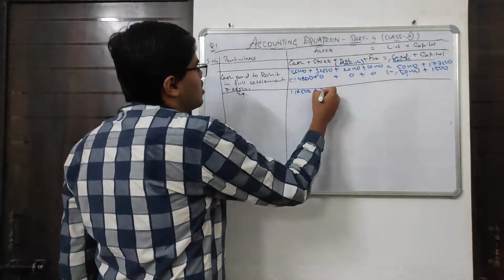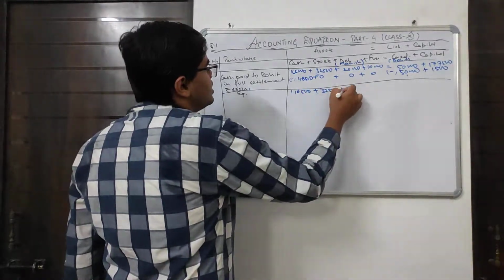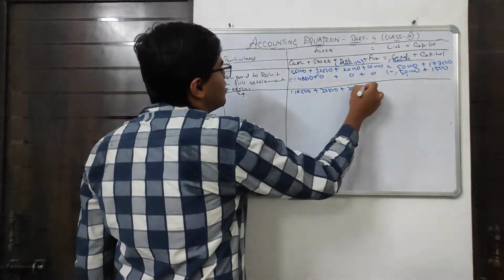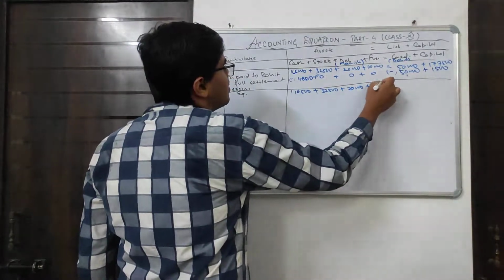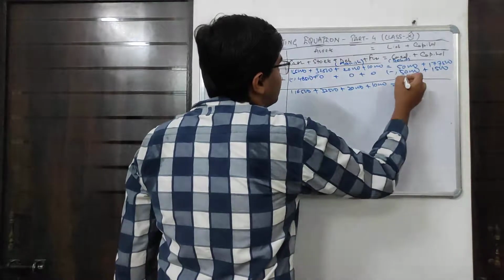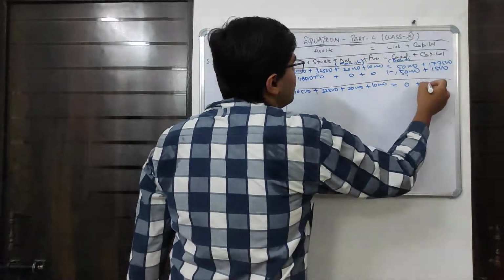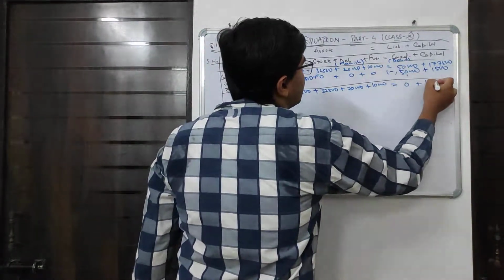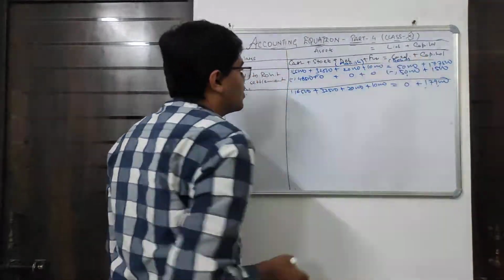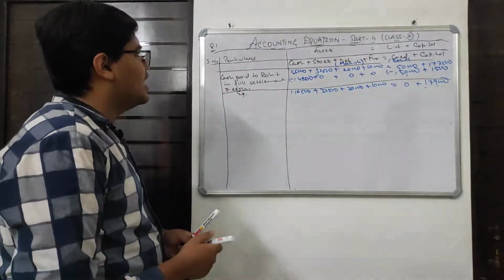No change in stock, no change in debtor, it will be as it is. No change in furniture, creditor will be 0 and capital will be 1,79,000. Okay. Now moving on to our next transaction.